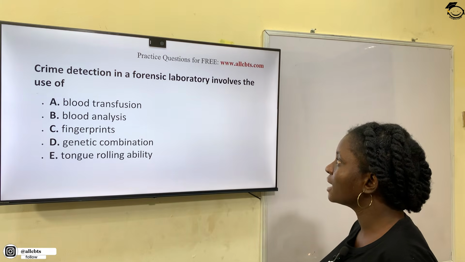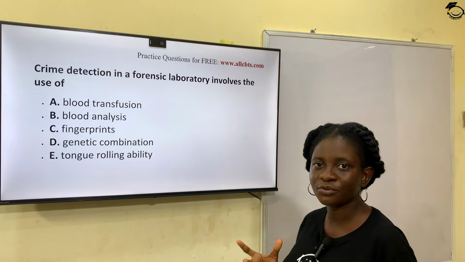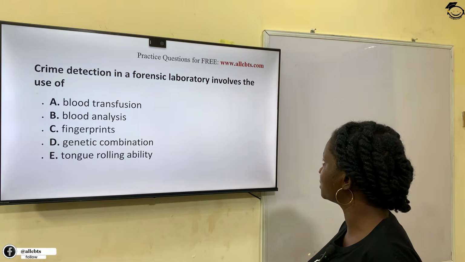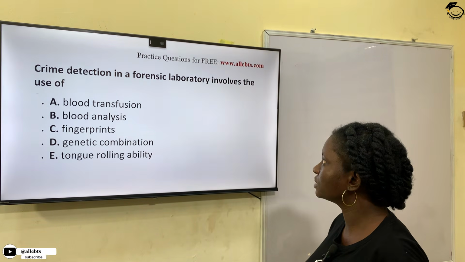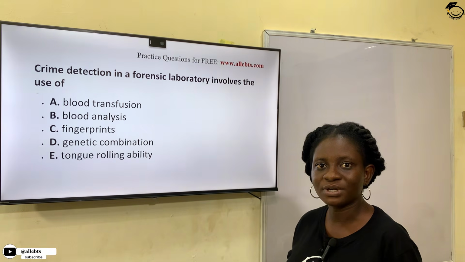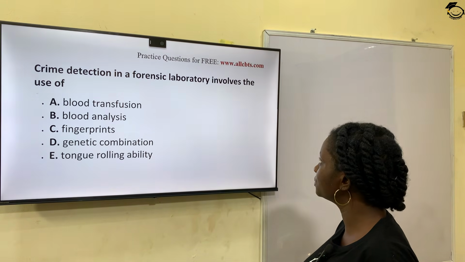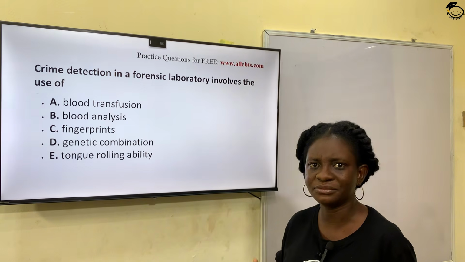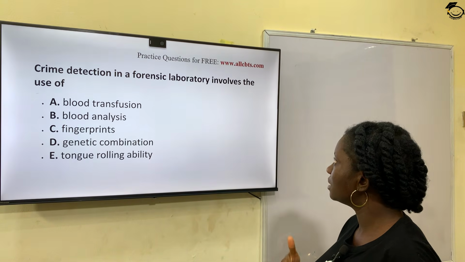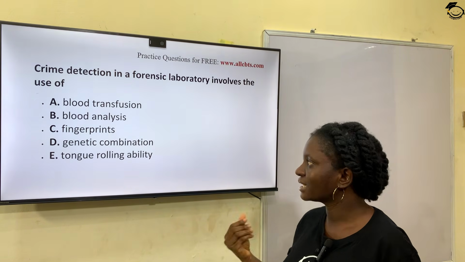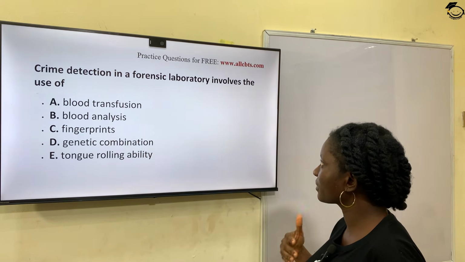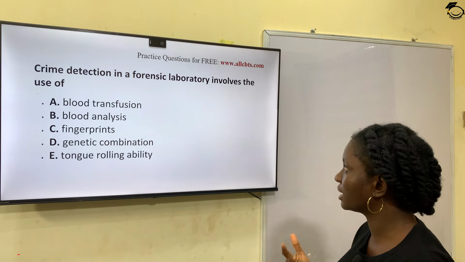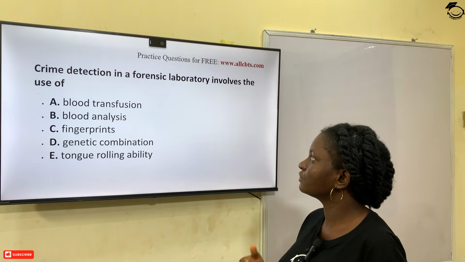Next question. Crime detection in a forensic laboratory involves the use of... when they do research to determine, they do fingerprinting, blood, just to determine DNA or for crime detection.